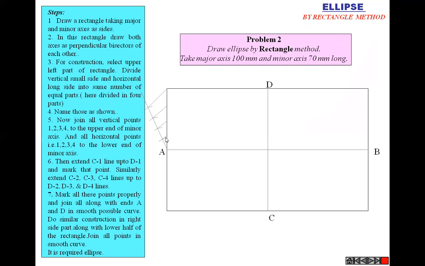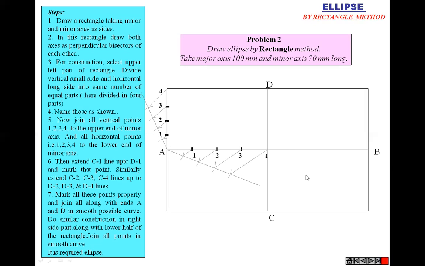Similarly, divide the horizontal line into the same number of parts. For that, you use the division of line method. By this method, we can divide any line into whatever number of equal parts we want. The distance doesn't matter here, so we have to make equal parts.